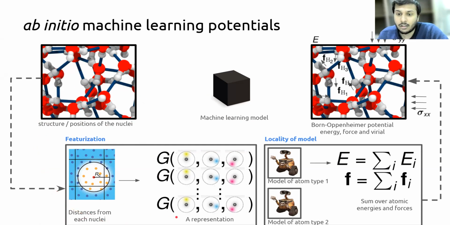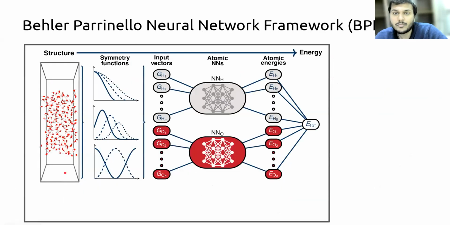Let me tell you that this bit is extremely important, not just for machine learning potentials, but in general towards understanding other older potential energy families as well, like your embedded atom model and so on. So we are going to take the classic case of the Behler-Parrinello neural network framework, and I'm extremely sorry for people who wanted to go for more advanced architectures.